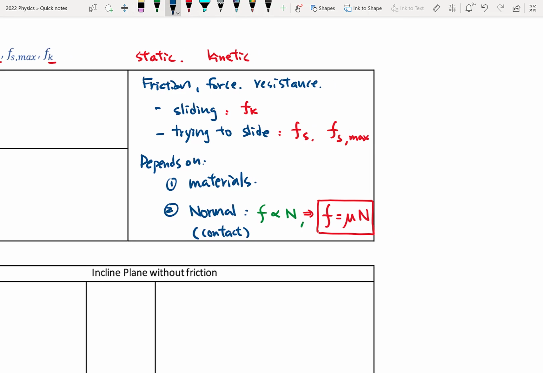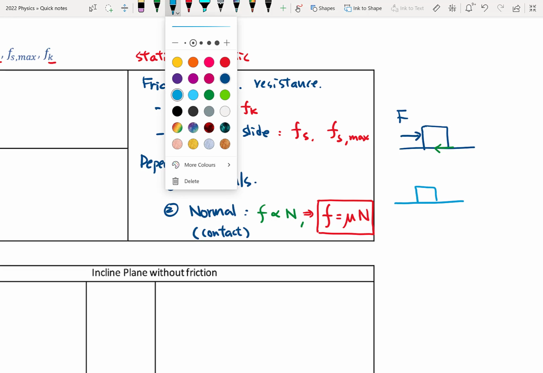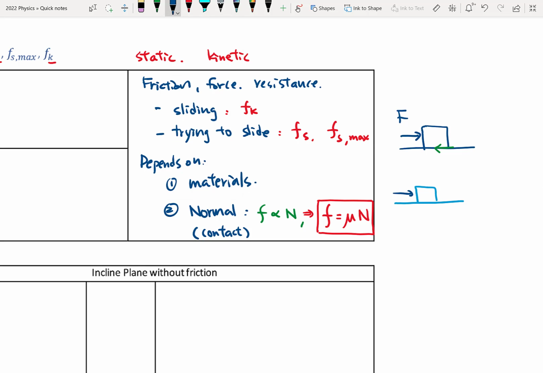The idea of normal force is like this. When you are pushing an object, this is your force, and you feel the friction is here, on the surface. But when we draw the diagram, we draw this is your force, and the friction is in the opposite direction.